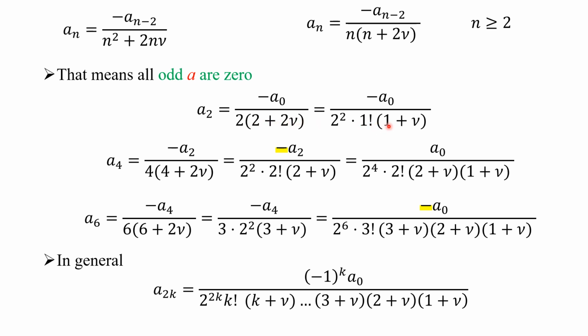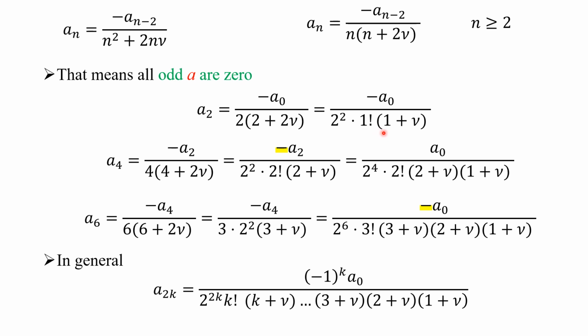I am taking that as 1 plus ν, so 2 will come out. So 2 into 2, 2 squared. Here I am multiplying this by 1, naturally, that is 1 factorial. You can understand why I am using factorial here. 1 factorial is after all 1 only.